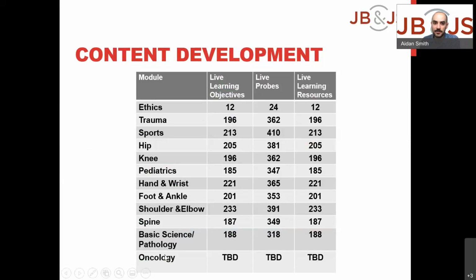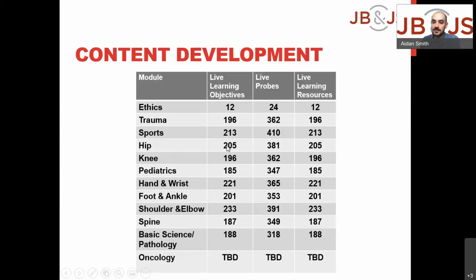So we have the modules over here, and then each module is kind of like a class, Clinical Classroom. And essentially it has a syllabus of learning objectives here. So the learning objectives are determined by our section heads, essentially very important topics that need to be covered in order for someone to be proficient in, let's say, knee or hip.